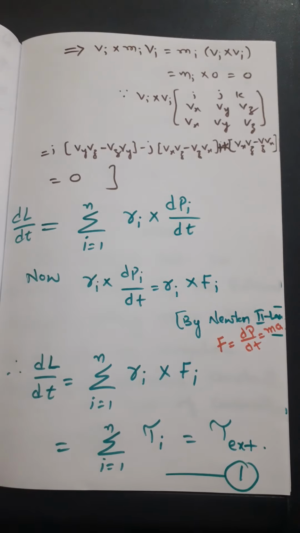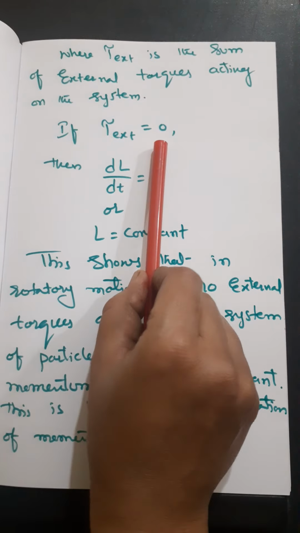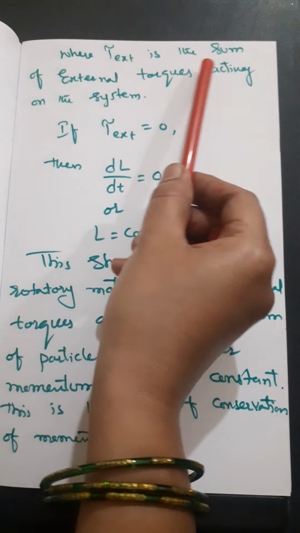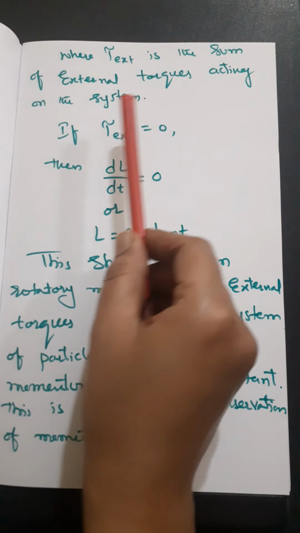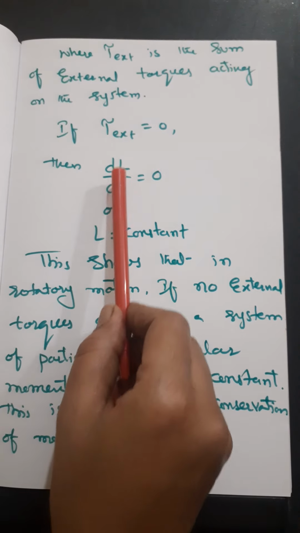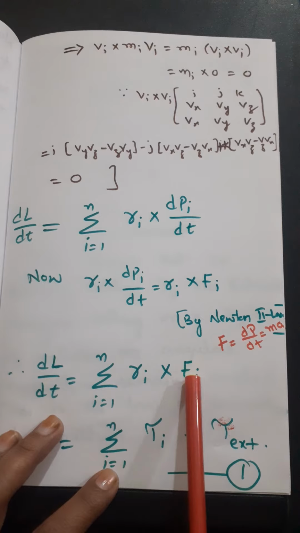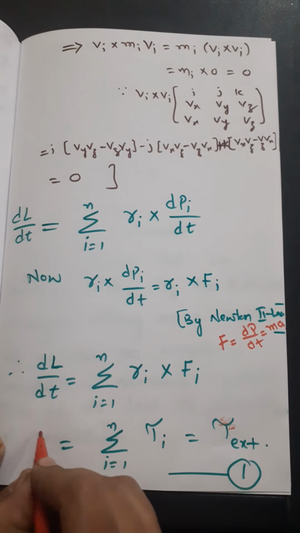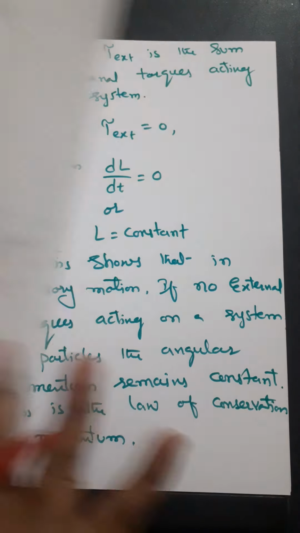So here when external torque is 0, tau external is nothing but the sum of external torques acting on the system. If tau external is equal to 0, then dL by dt is equal to 0.